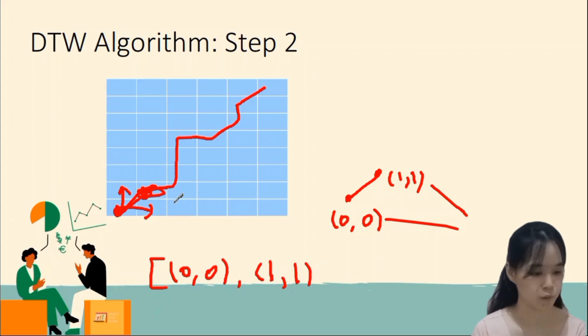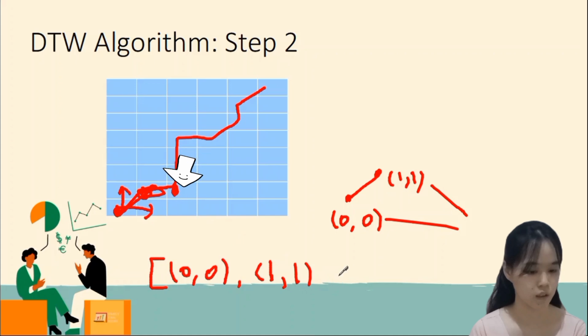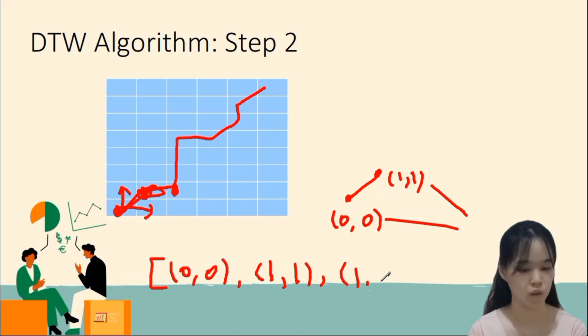If we go here, the next would be 1,2. Okay, so I index it starting from 0. So this is 0, and this is 5. And then this is 0, and this is 7.